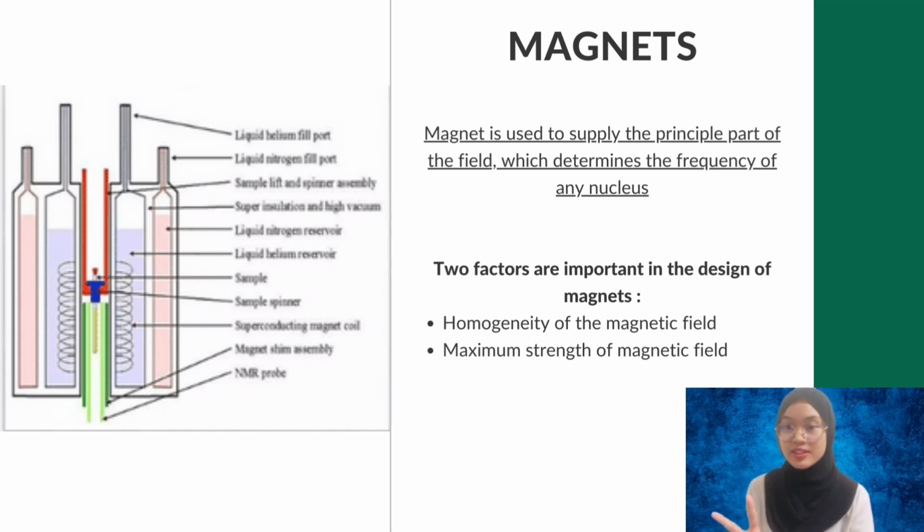There are two factors in designing a magnet to give you a good result. Firstly, the stronger the magnetic field, the better the line separation of chemically shifted nuclei on the frequency scale.